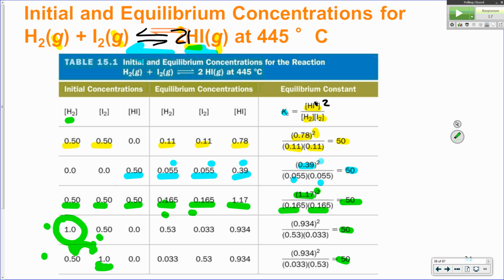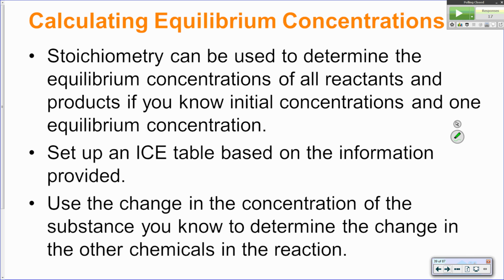So it's dependent simply on the ratios of the concentrations raised to their powers. It doesn't matter what the starting point is. The system's going to adjust until the ratio is 50 in this example at 445 degrees every time. If I change the temperature, I change the value of K sub C. We'll talk about how to look at that later.